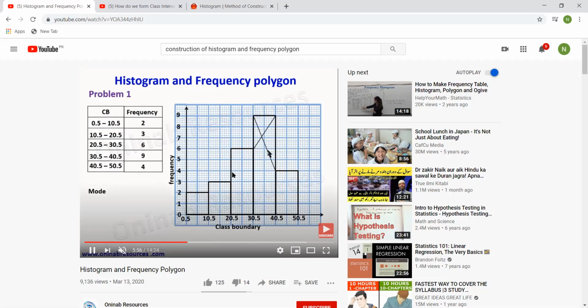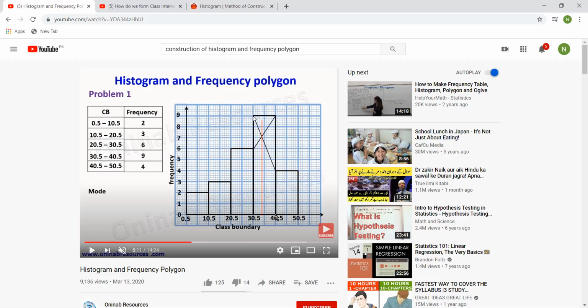And now in this way, you can also find the mode of the data. As you know, you have done the mode of grouped data: the class with the highest frequency is called the modal class. Now, if you want to find the mode of the data by histogram, what will you do? The highest frequency of the class is 9. So you take the 9 rectangle, and join the one corner of the rectangle whose frequency is 9 to the corner of the consecutive class, whose lower class boundary is 40.5.